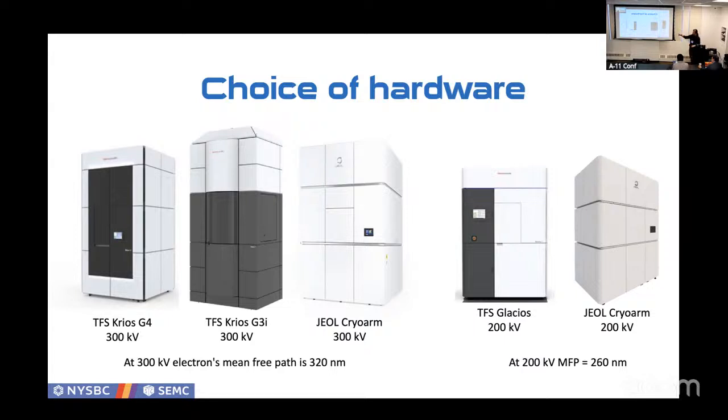And the difference between 300 and 200 kilovolts, despite, well, there's a price difference, twofold. The mean free path at 300 kilovolts is much longer, which means you can look through thicker stuff, and your camera will be happier looking at your data, because now you can maintain the dose rate that the camera is designed for with thicker specimens.